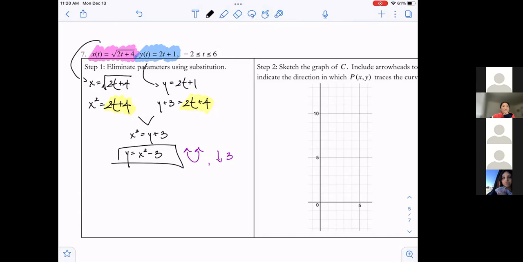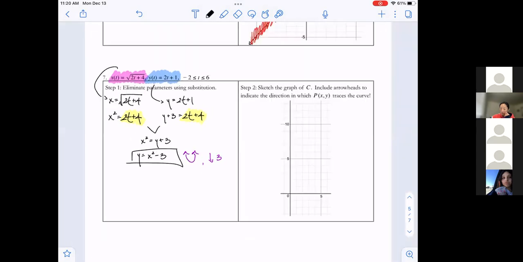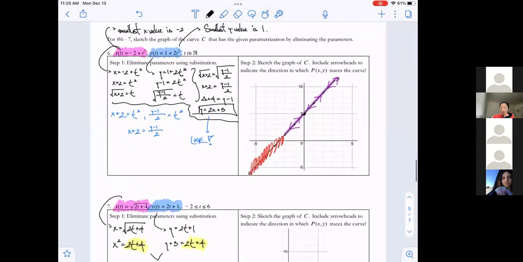Well, I think this question reads a little bit differently than the previous question. Maybe we put those together on the same screen.